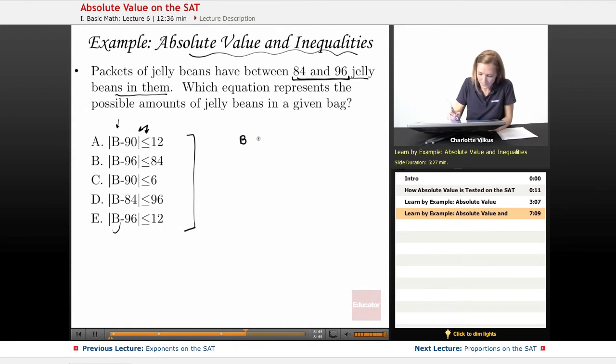And what we do is, inside the absolute value brackets, we take the variable minus the middle of the range. We're going to figure out what that is by basically taking the exact average, so 84 plus 96 divided by 2. And that should be less than or equal to half of the range.